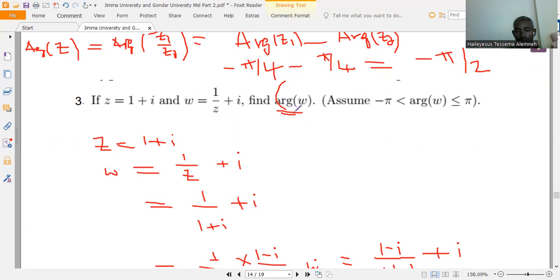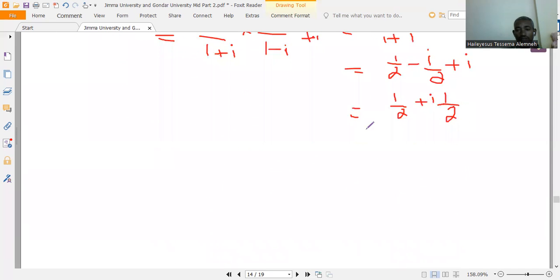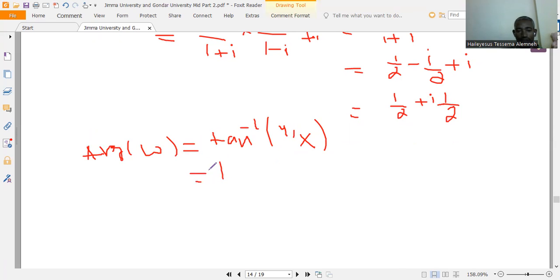Now what's the argument of w? Clearly it is in the first quadrant, so the argument of w is equal to tan inverse of y over x, which is tan inverse of 1 over 2 over 1 over 2, which is the same as tan inverse of 1.